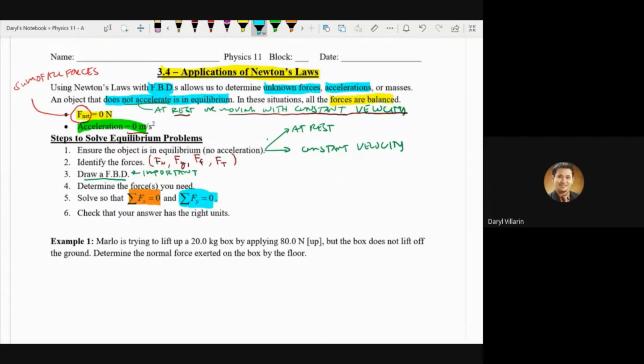If the summation of all the x components is not equal to 0, as well as the summation of all the forces along y is not equal to 0, that means that your force would be lying in between the x and the y axis. So to solve for the magnitude of that, we use the trig, or the Pythagorean theorem. And then for the direction, we solve for the angle.